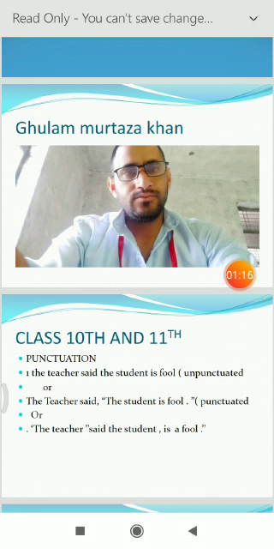Of these sentences, the first is unpunctuated and doesn't make any sense. But the second and the third are punctuated in different ways, and hence they give a different sense.